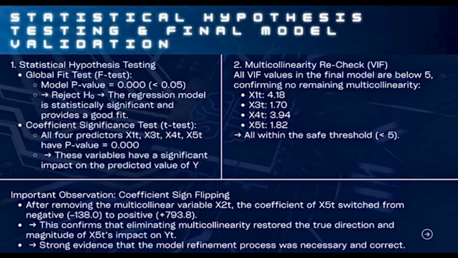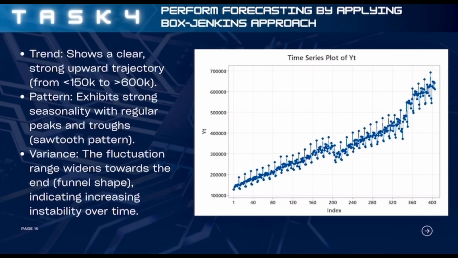This proves that removing the multicollinear variable restores the true positive impact of x5 on our model, and it is also strong evidence that the model refinement process was necessary and correct. And now let's move to task 4.